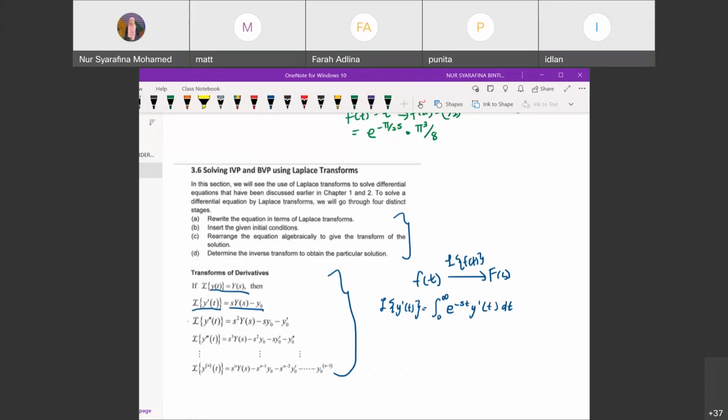So here is a function of t, here is a function of t. You can use tabular method or you can use integration by parts, right?